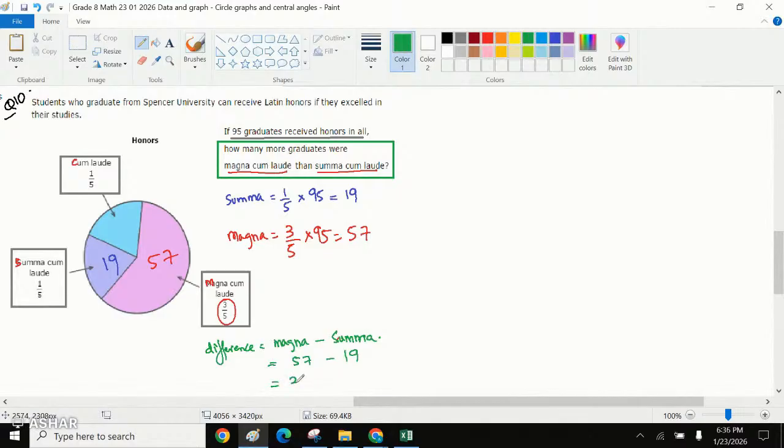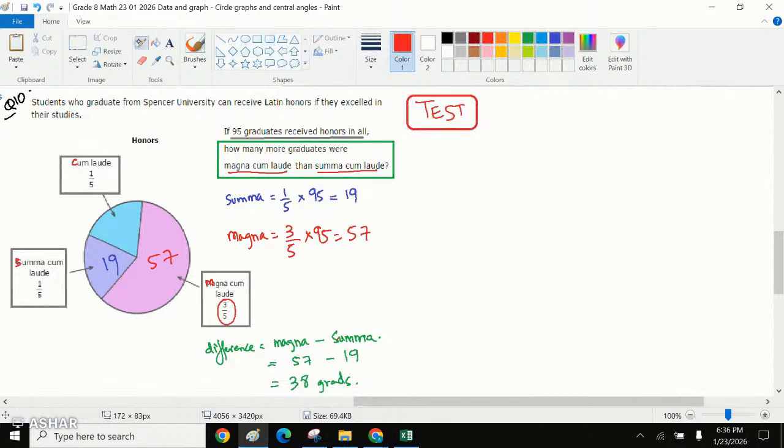So the difference between the graduates was 38 graduates. That means magna had 38 more students graduating. Okay, do we agree? So let's try some questions from the test. Let's do the test together.